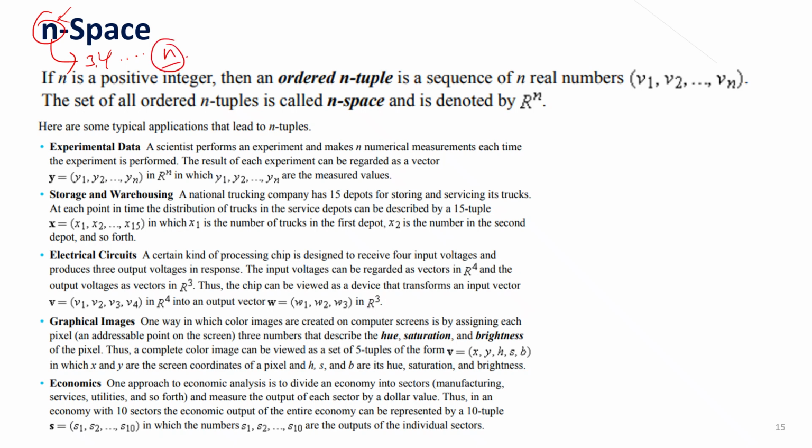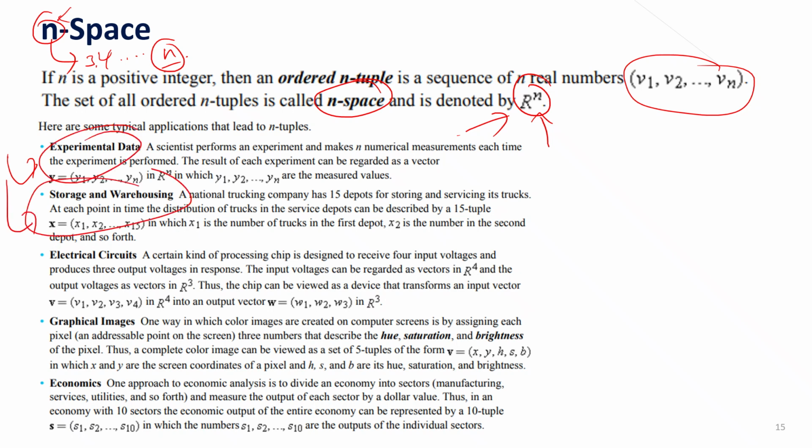This means that we are dealing not only with three-dimensional space but also n-dimensional space, and it is often denoted as R to the power of n. These vectors are more often seen in real-case applications, such as calculation with experimental data, storage and warehousing, electrical circuits, graphical images, and economics. Many of them utilize calculation with n-dimensional space.